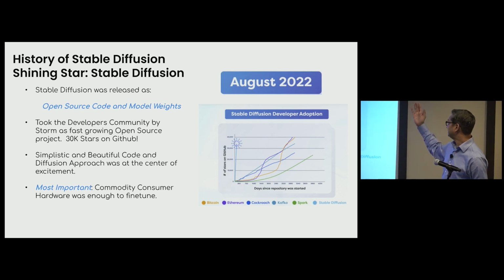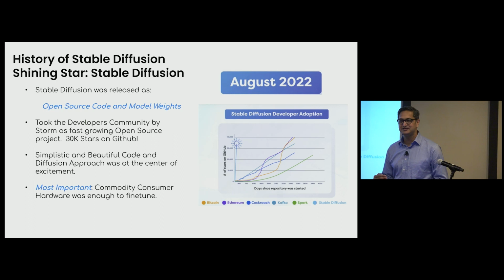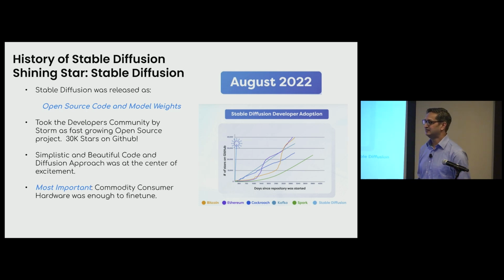August 2022, which is 15 months from now, was the month when everything went open source. They got like 30K stars. The code was very simple, not very researchy, because a lot of labs, when they release the code, make it so unintelligible that it is as complex as their papers. And in a lot of cases, it is less useful than it should be.